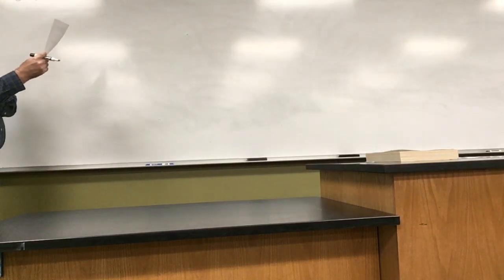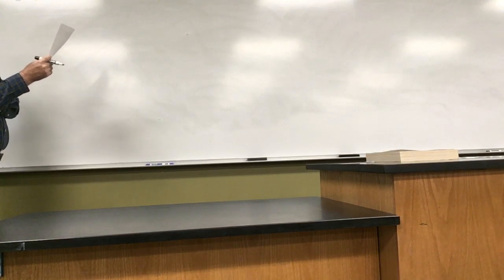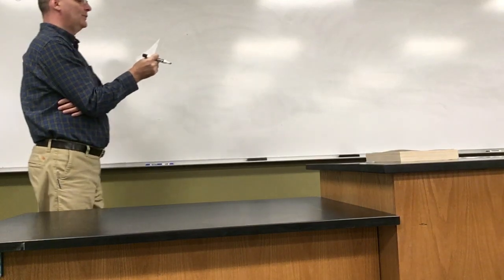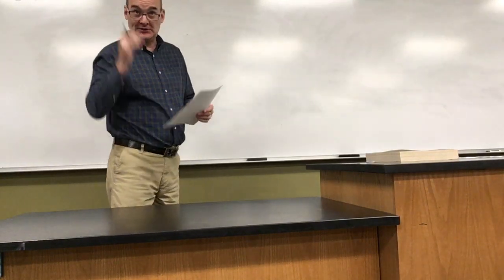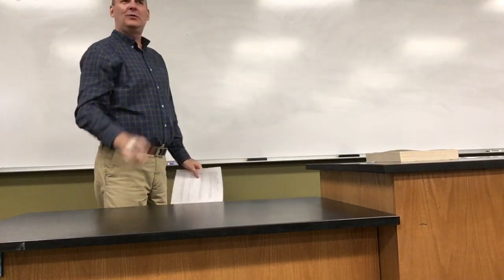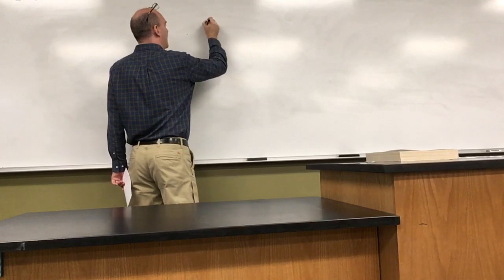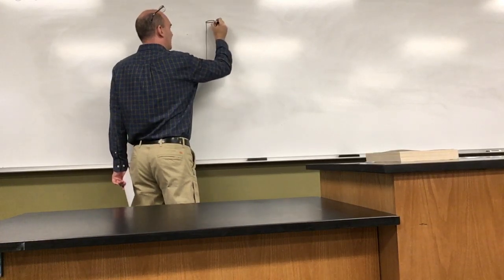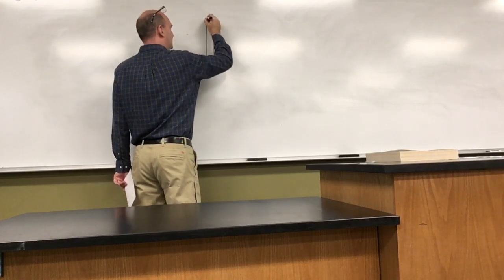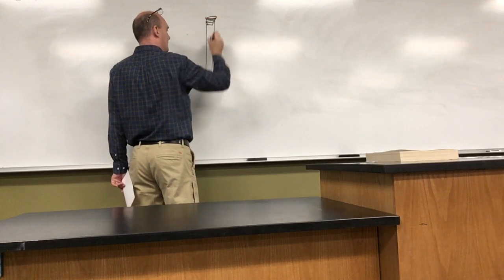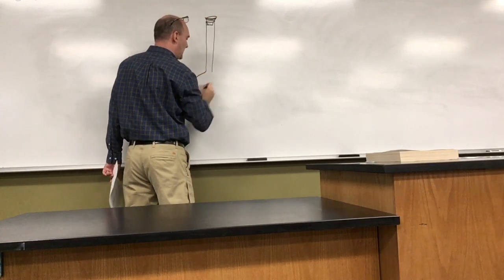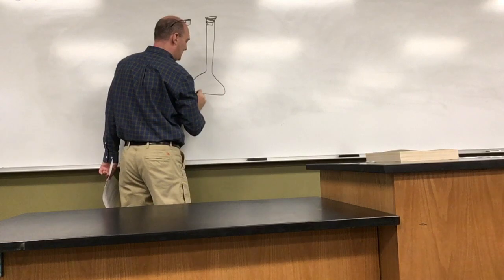So I have 1 liter of 0.5 molar bleach and an empty 250 milliliter volumetric flask. We've removed all the glassware from this room. A volumetric flask looks like this. It has a stopper and it has a bulb at the bottom.